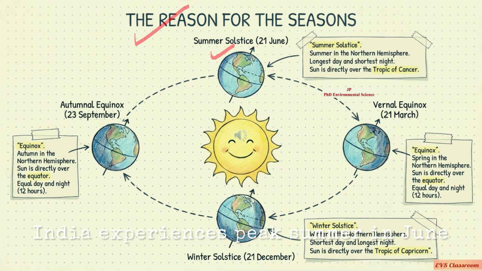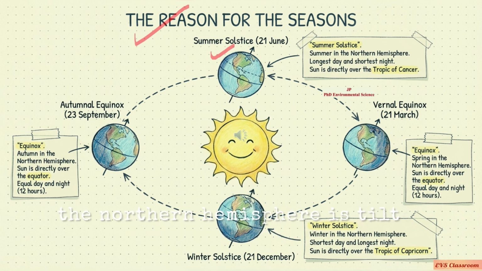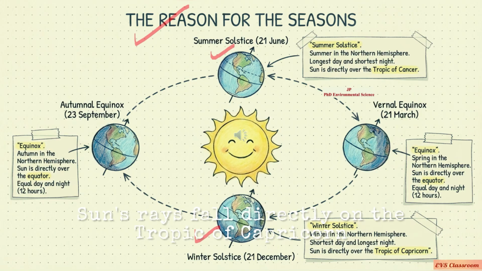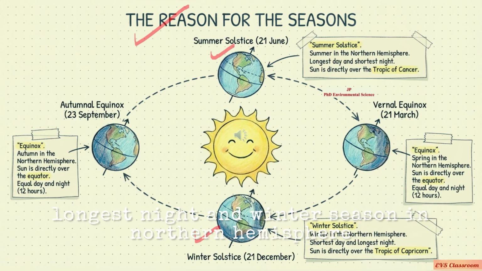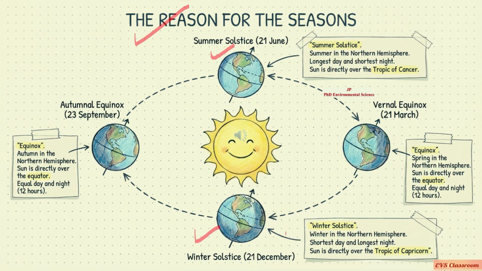India experiences peak summer in June. Then winter solstice, 21st December. On 21st December, the northern hemisphere is tilted away from the sun. Sun's rays fall directly on the Tropic of Capricorn. So the effect would be shortest day, longest night, and winter season in the northern hemisphere.